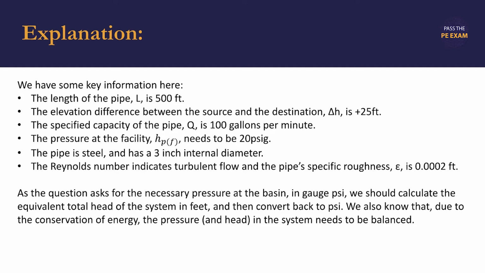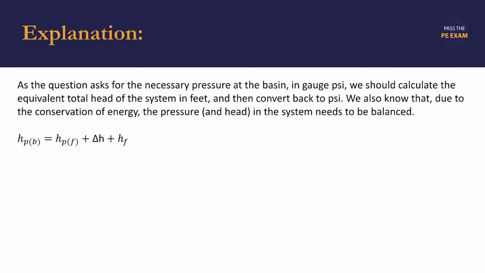The head at the basin, which is the source, H sub PB, is equal to the head at the facility, H sub PF, which is given to us as a specification requirement, plus the head associated with the elevation gain, delta H, and lastly, the head loss due to friction caused by traversing 500 feet of steel pipe, which we will call H sub F.